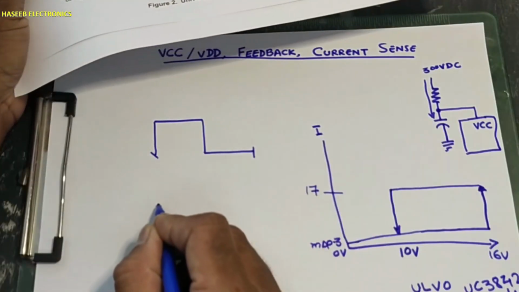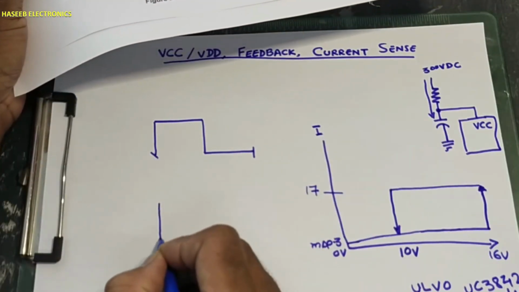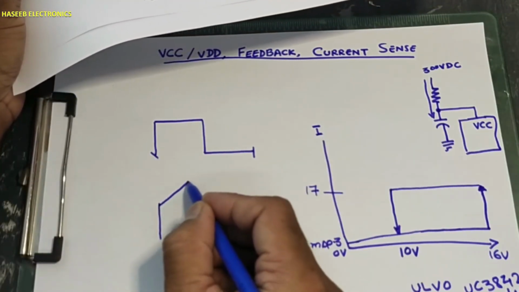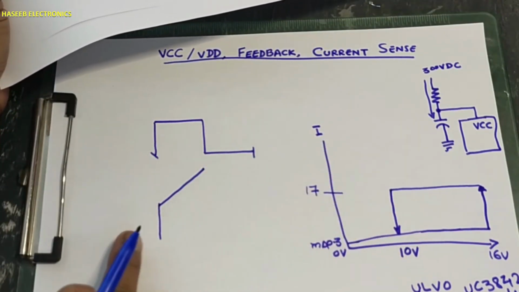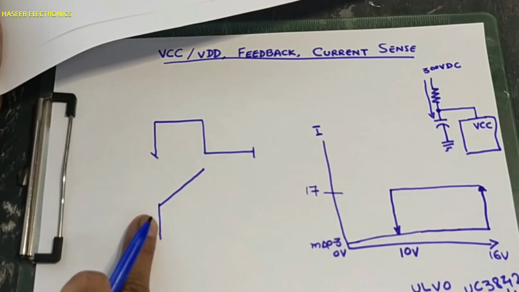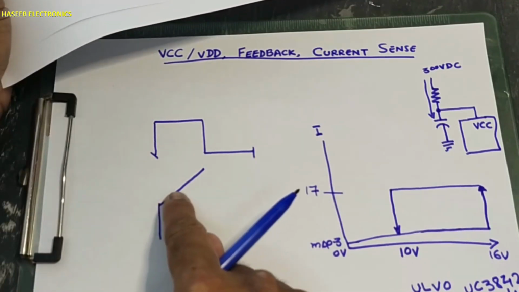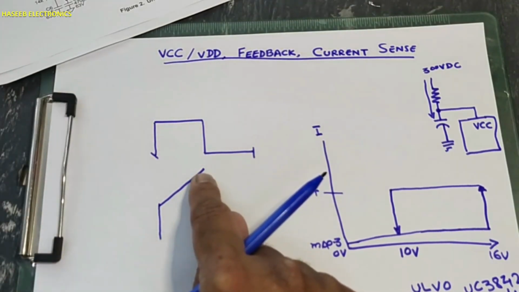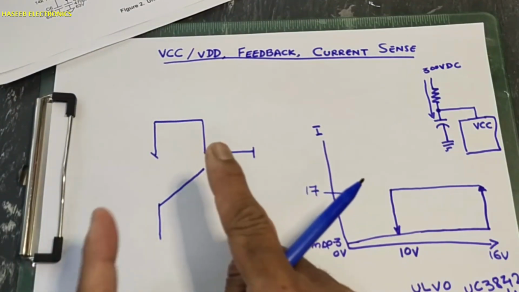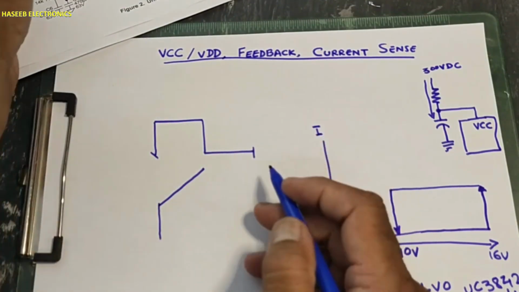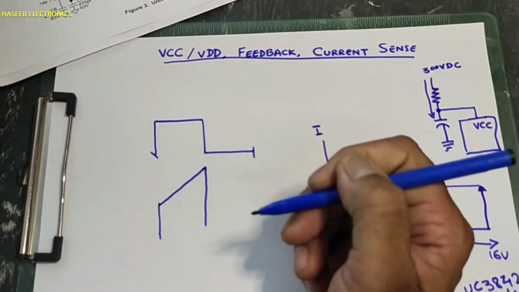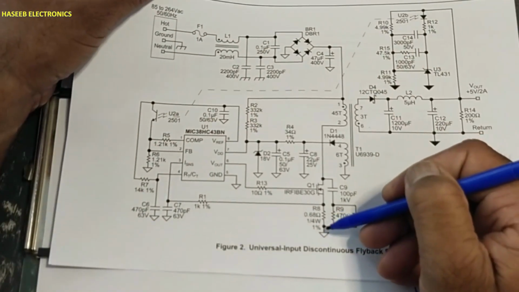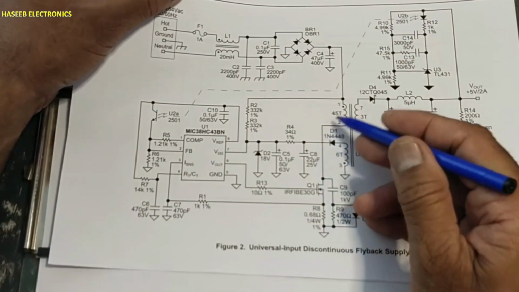We can say IL, inductor current, will increase in this way, linearly. Initially it will allow some current, but then it will increase gradually, linearly, because it is opposing the changing current. Based on this ramp, the current will flow in this path.